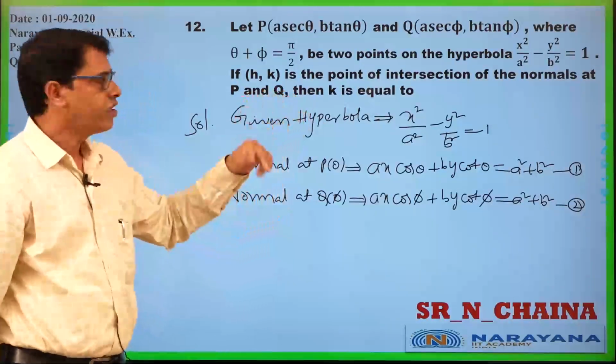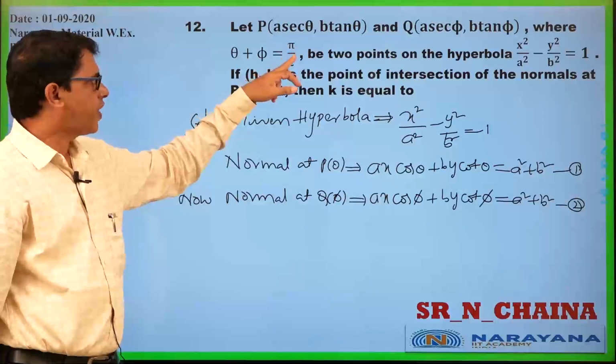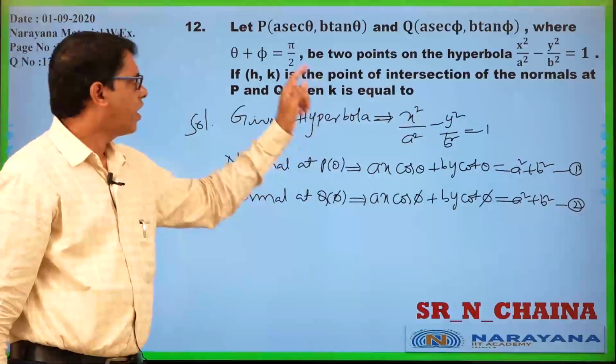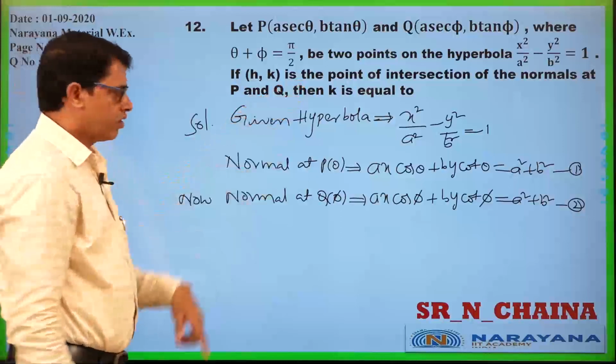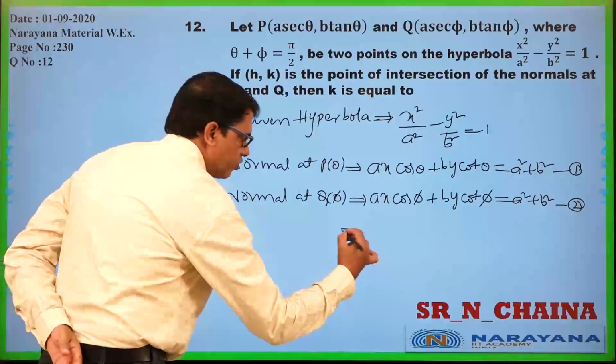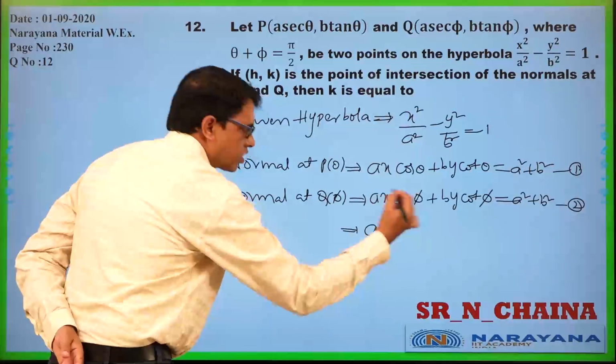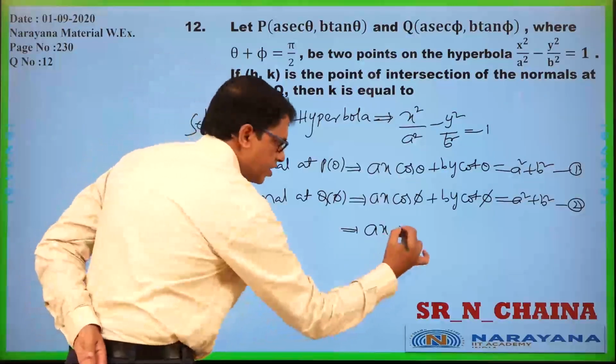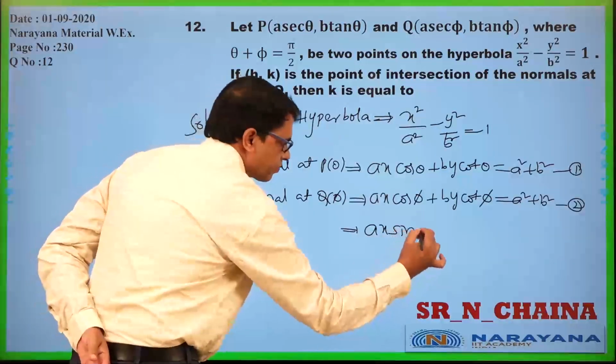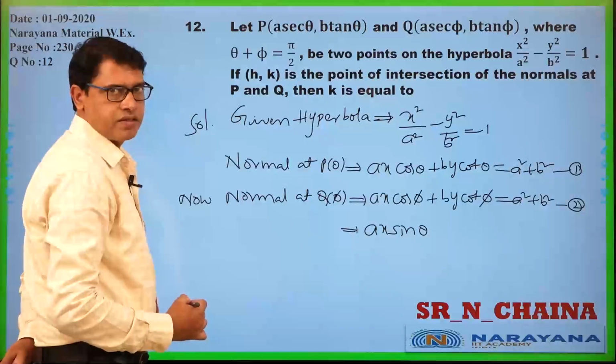What is the condition here? Theta plus phi equals pi by 2. In the place of phi I can write pi by 2 minus theta. So it changes to ax cos of pi by 2 minus theta, which changes to sin theta. Am I right? Sin theta.